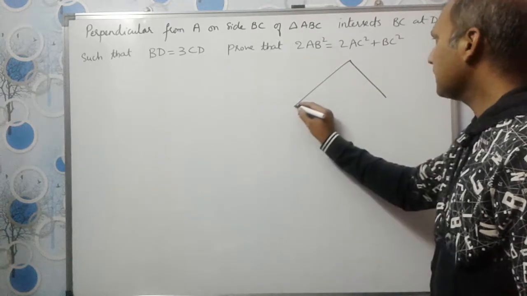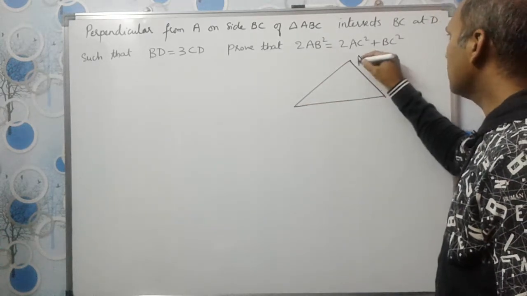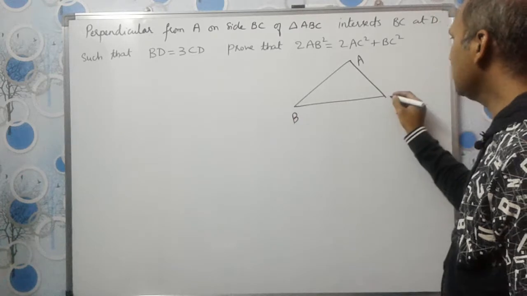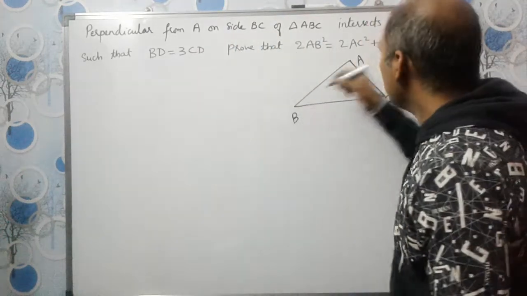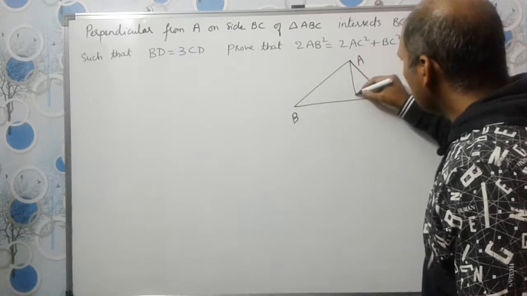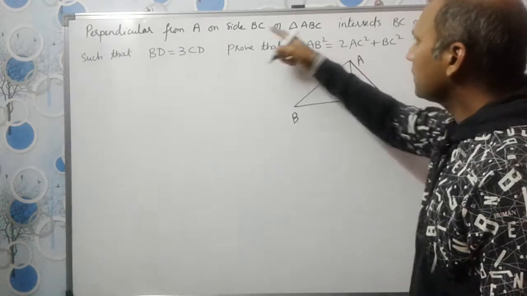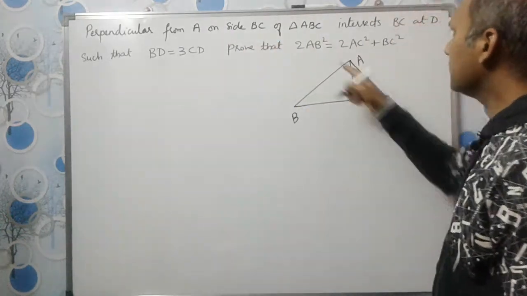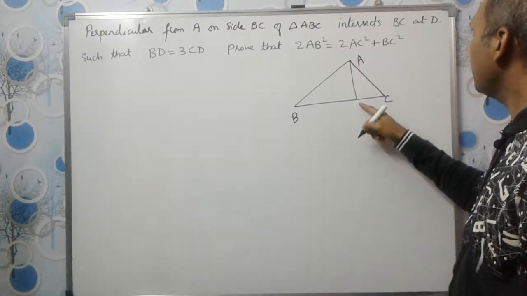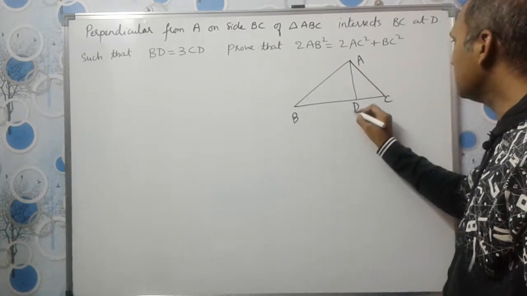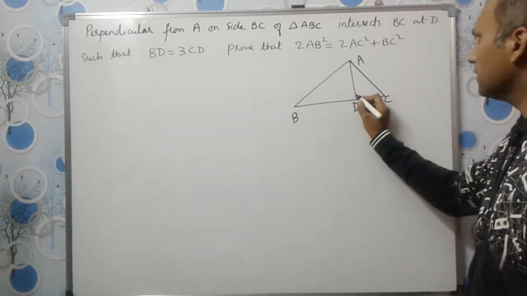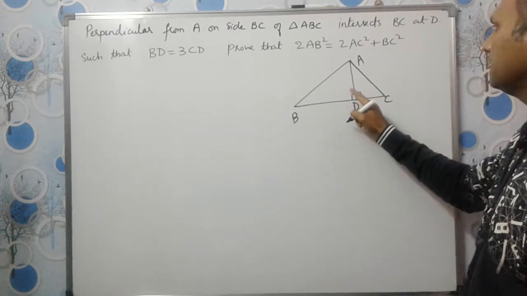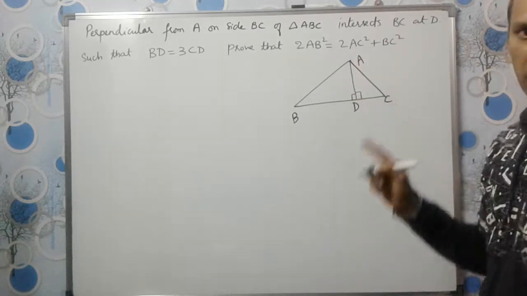We have a triangle ABC, so let this be A, this is B and this is C. If we drop a perpendicular from A on side BC, this is D, it intersects BC at D, and this is 90 degrees because AD is the perpendicular dropped.